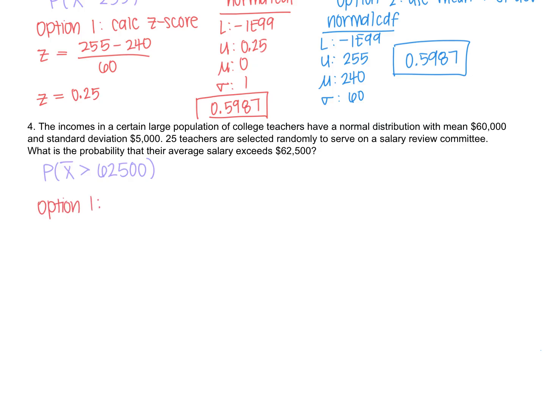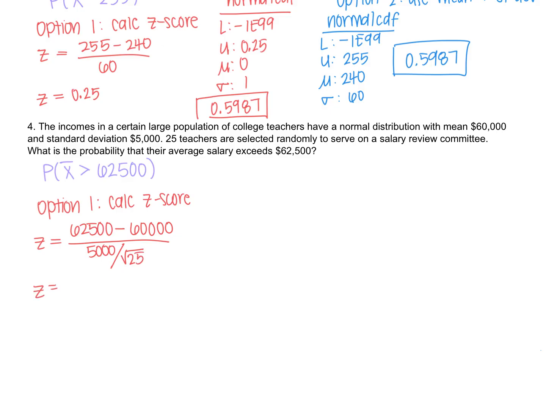And then option 1, we'll have z equals 62,500 minus 60,000 over 5,000 over the square root of 25.